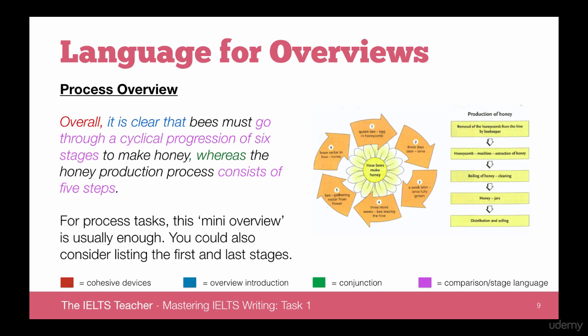Another option still, particularly if you're looking at more of a man-made process, is to consider listing or comparing the amount of equipment used, or consider comparing the number of elements or ingredients that go into a particular cake or recipe or something like that. It's a little bit harder with processes, but do just try to make sure you are introducing some comparisons or listing the overall number of stages.